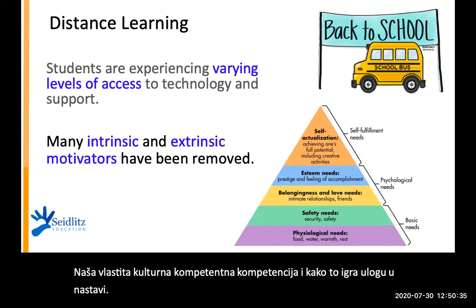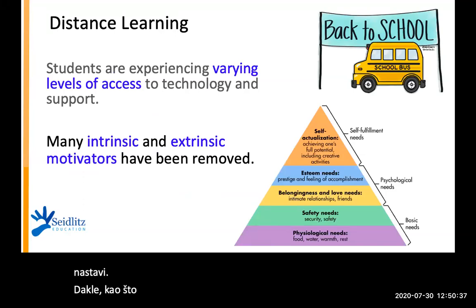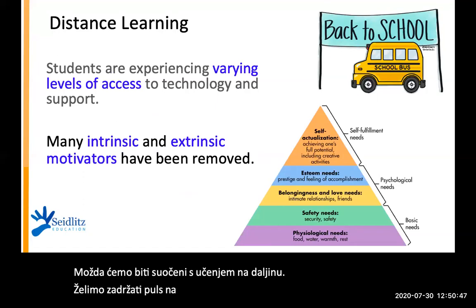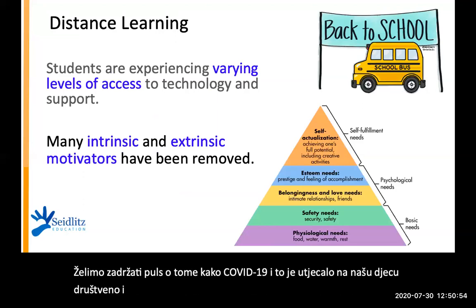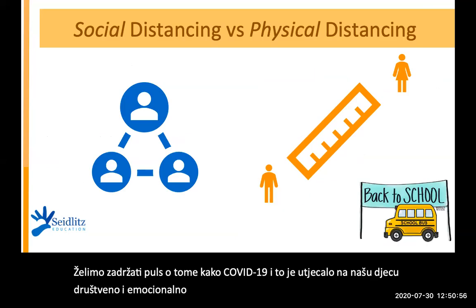So as we go into the next school year, and we may be faced with distance learning, we want to keep a pulse on how COVID-19 has affected our kids socially and emotionally, and the importance of keeping connected with our students and families.